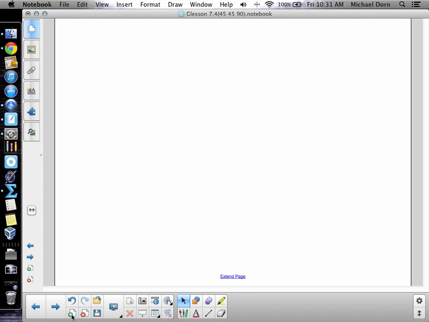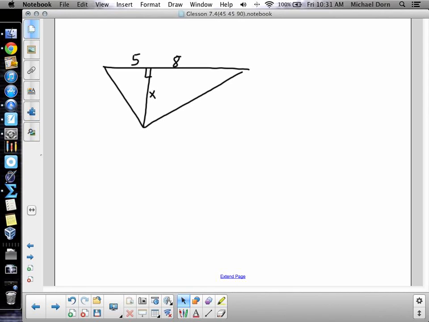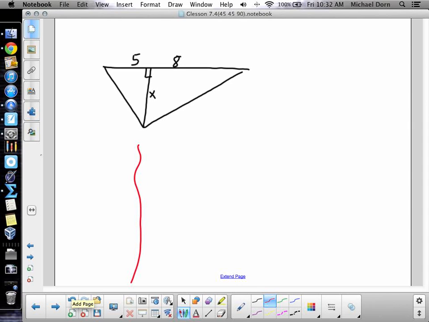Let's choose 17. I had 5, 8, and x. Now, using the geometric mean method, the quick method, if you see it again, x here is my independent segment, so x is the square root.